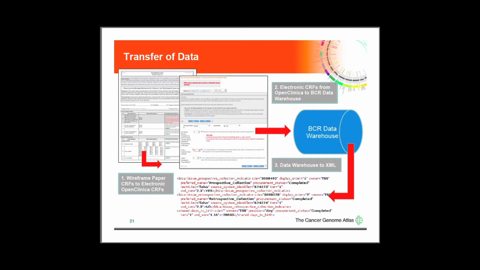Once everything has been cleaned up, you can see over on the left-hand side, the paper forms get implemented into our OpenClinica, and then once they complete it, it goes into our data warehouse, and then we generate XML.